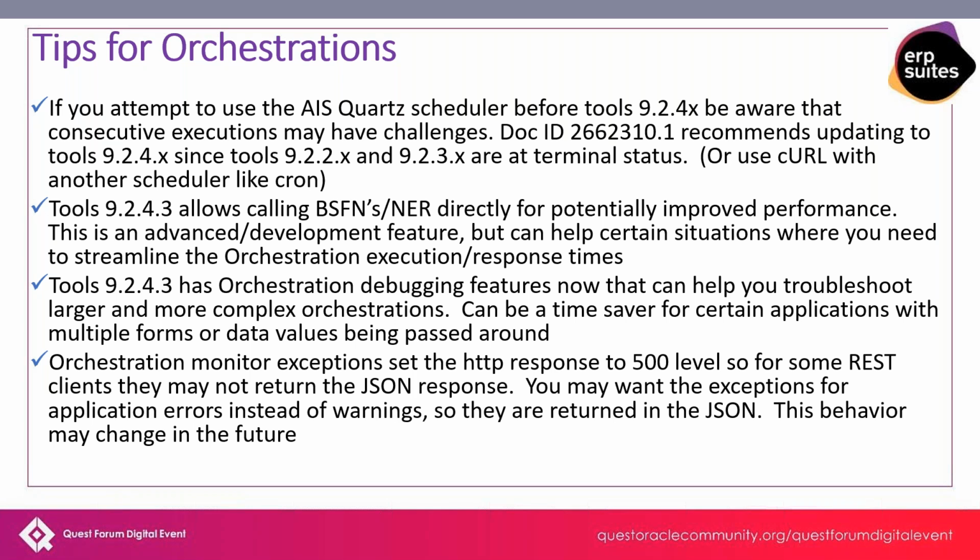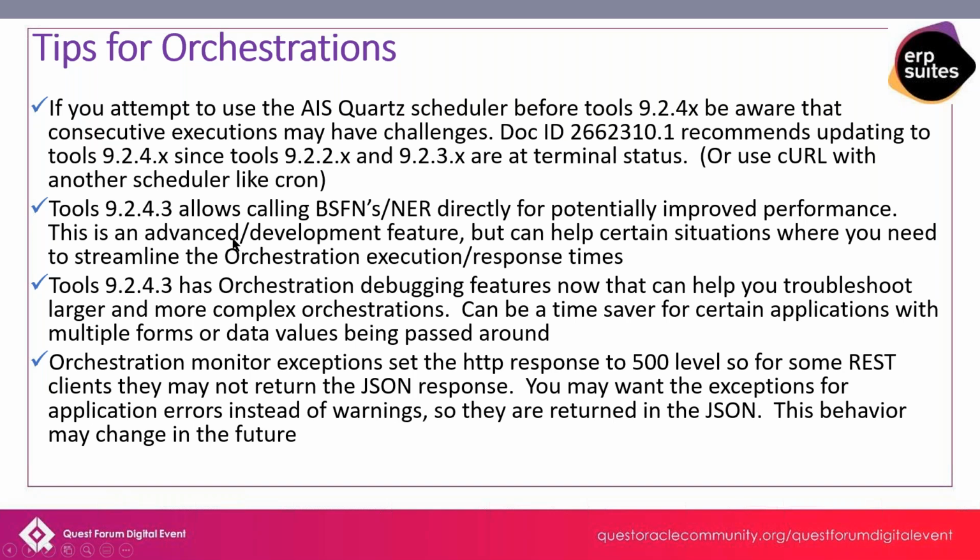And there's a couple situations where you may have a scheduled orchestration. Let's say you want it to run every hour. The first one runs, but then sometimes you'll get a null pointer exception and the subsequent ones don't run. So it depends on your situation, but you may run into that limitation. So again, the recommendation in the doc ID is to update to a newer tools. It doesn't sound like there's any fix for those at these older tools levels.